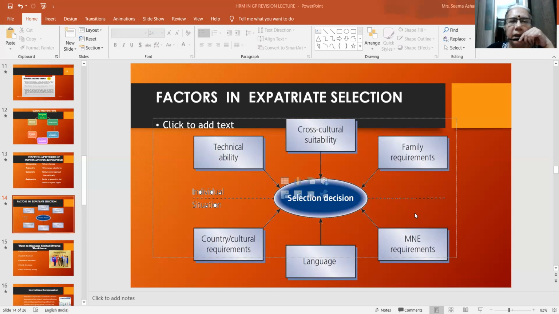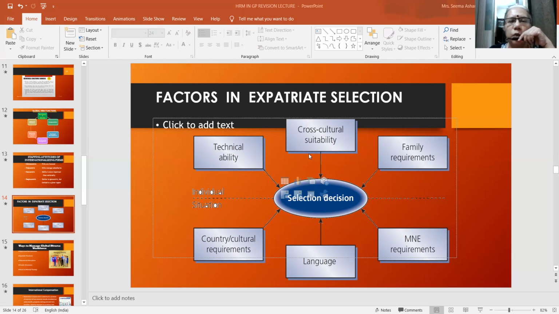So while taking this decision, the HR manager has to consider several factors like whether that employee has the technical ability to do the work which is going to be assigned to him internationally.